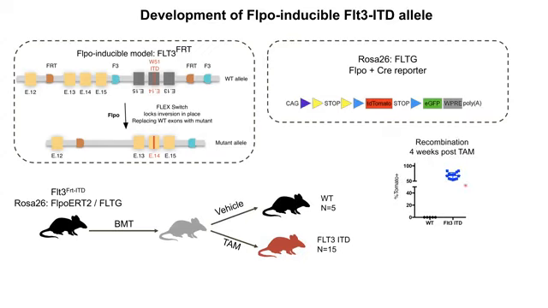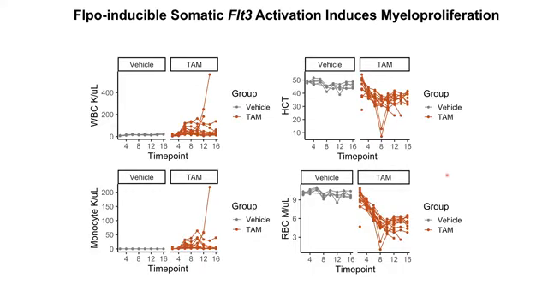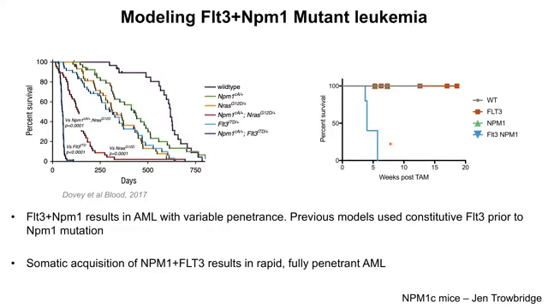The allele works beautifully. You can see the recombination. It's quite tight. It works quite well. And we can show that by itself, you get a myeloproliferative disorder, which is nice. It's actually much more penetrant and rapid than with the germline, suggesting perhaps that when you somatically activate it, you can bypass some of the in utero feedback mechanisms that might limit the expansion of FLT3 mutant cells. But the most exciting thing is that, by contrast, unlike with the germline FLT3 plus NPM1, which gives the disease but takes over a year to develop, look at the latency if you activate FLT3 and NPM1 either together or sequentially.